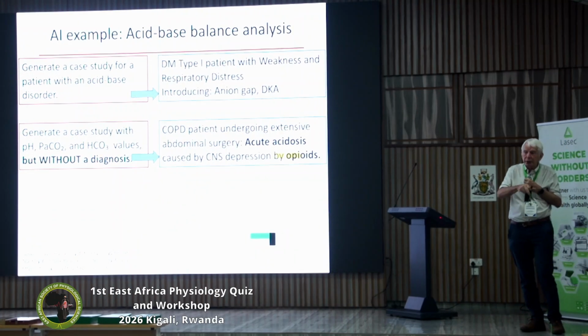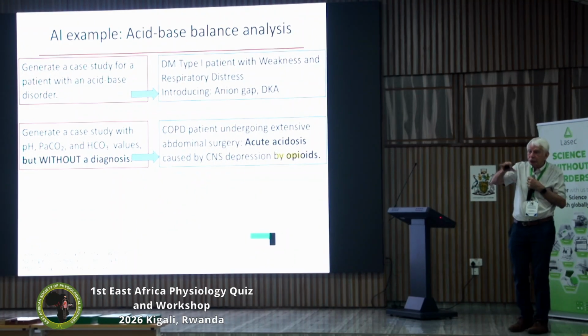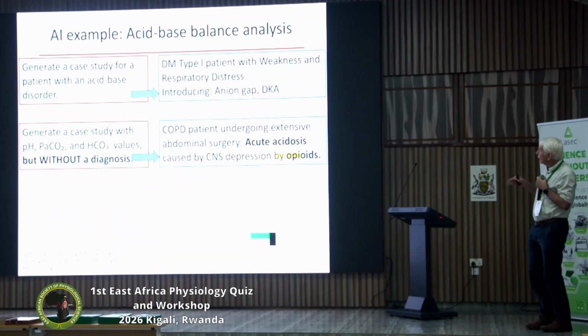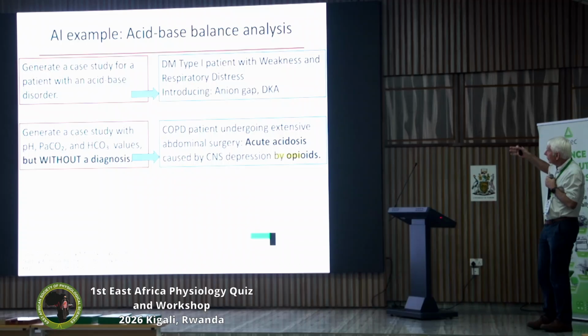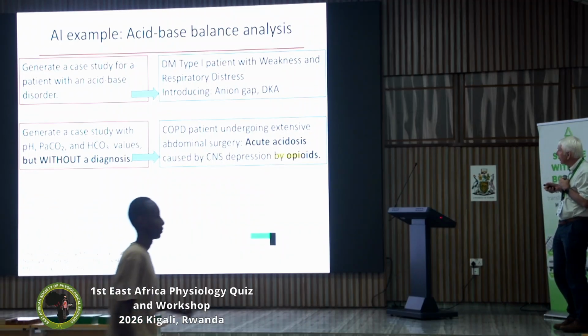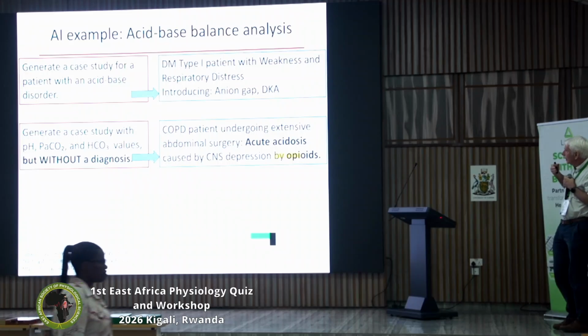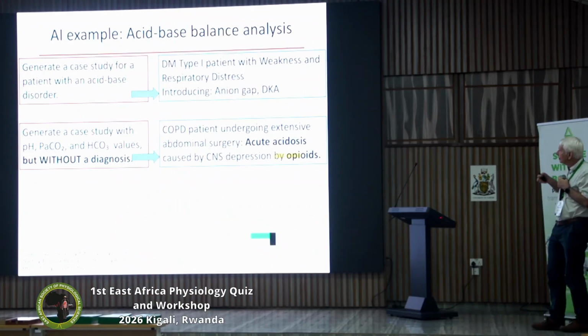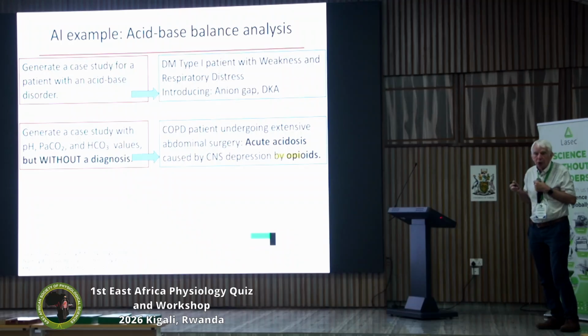So you can also give ChatGPT exclusion criteria not to use something. If you do this, you get a COPD patient undergoing extensive abdominal surgery. This patient had acute acidosis caused by CNS depression by opioids.